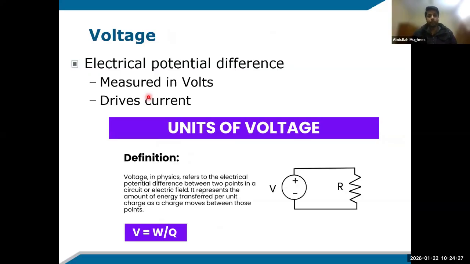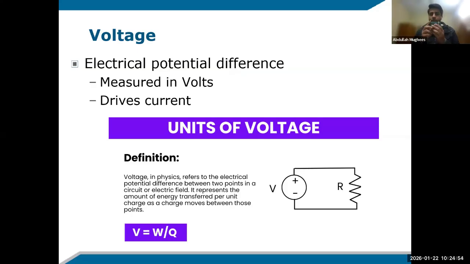Voltage is basically the electrical potential difference between 2 points.